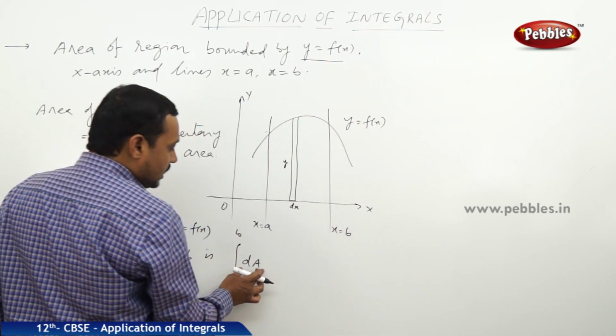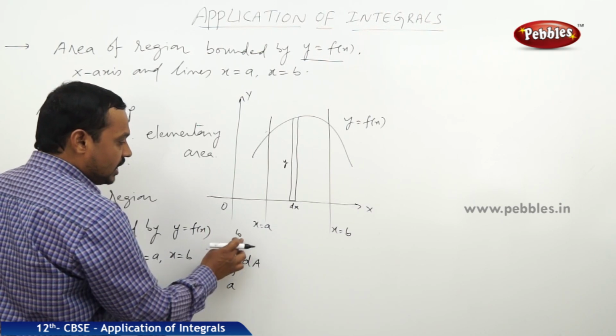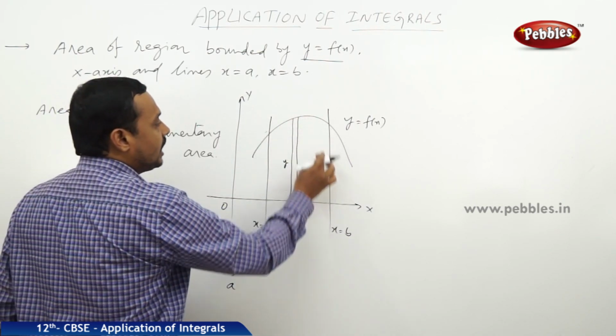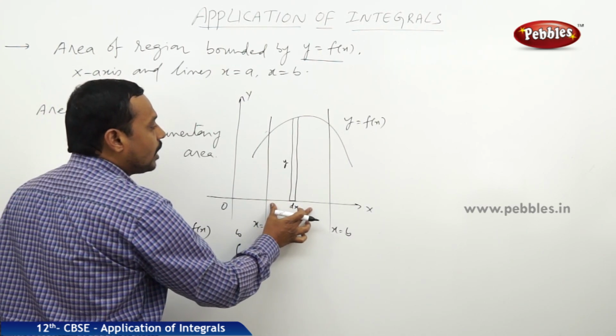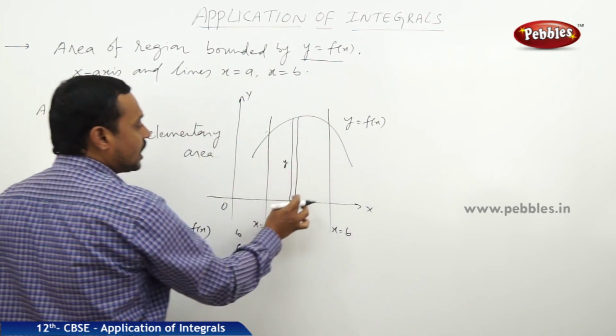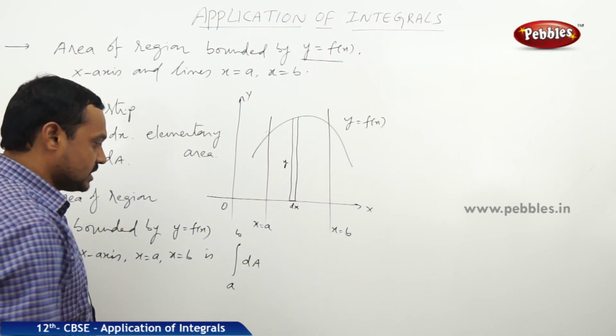So it is integral of dA under the limits a to b that represents the area of the region, as well as it is the sum of the large number of strips that are defined between x is equal to a and x is equal to b.